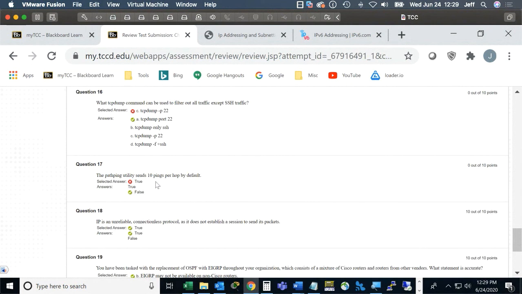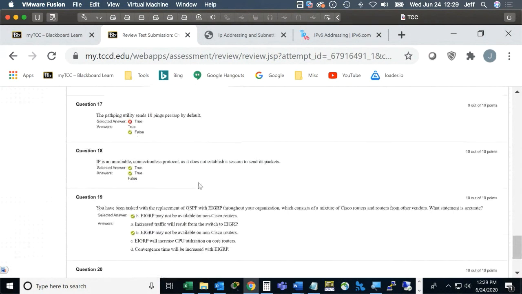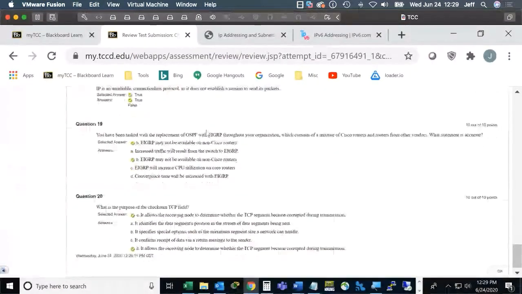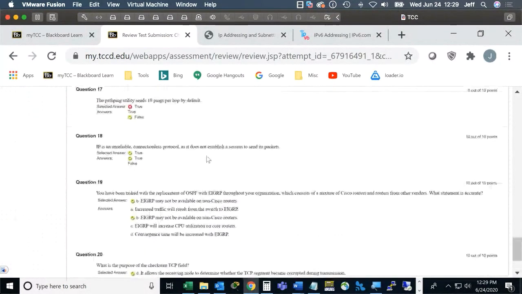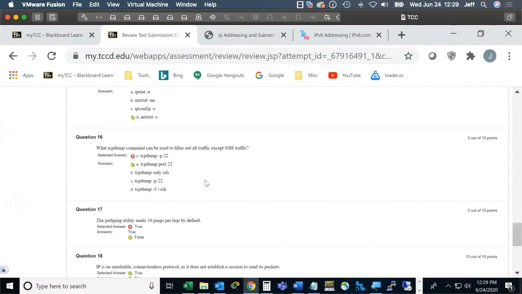But path ping does not send 10. I'm not sure how many it does, but normal ping does 4, and I have never used this pathping utility. All right, so we did pretty good. Just remember path ping is not 10, and tcpdump 420.